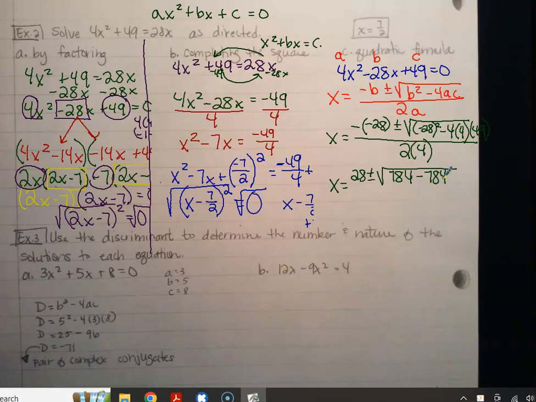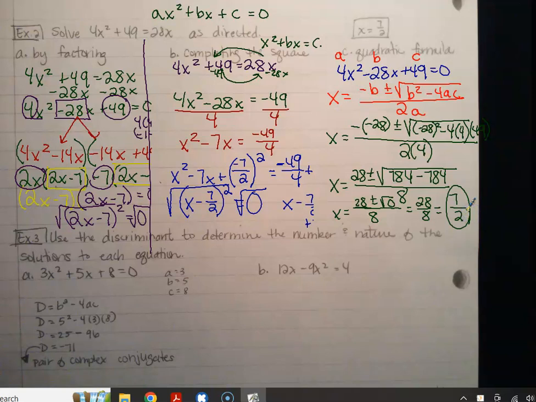I love when that works out. Divided by 8. So x equals 28 plus or minus the square root of 0 all over 8, which is just 28 divided by 8, which is 7 halves, once again.